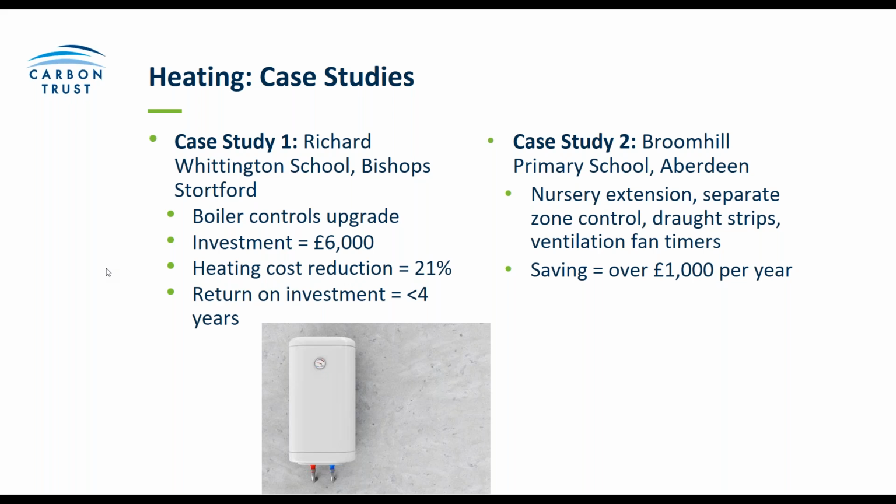A slightly different one was a primary school in Aberdeen, where we added an extra zone in the nursery extension, which meant that they could have different time and temperature controls in this separate part of the building where the occupancy was quite different. And they were looking at a saving of around £1,000 a year by implementing those improvements.